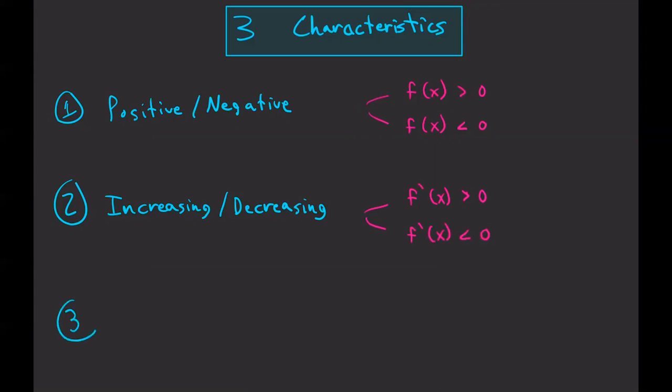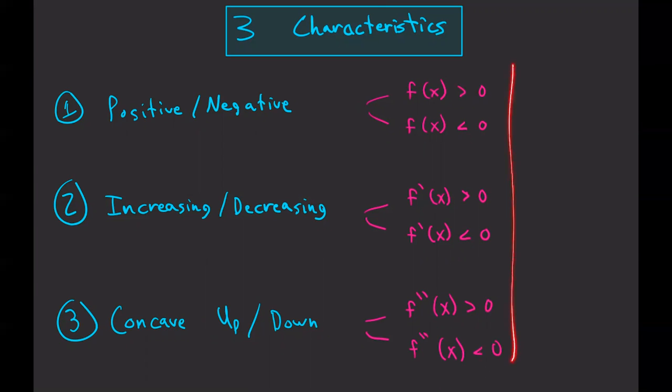And lastly, we've talked about concave up or concave down. And that's when f double prime of x is greater than 0 and f double prime of x is less than 0. So you should see a pattern here.